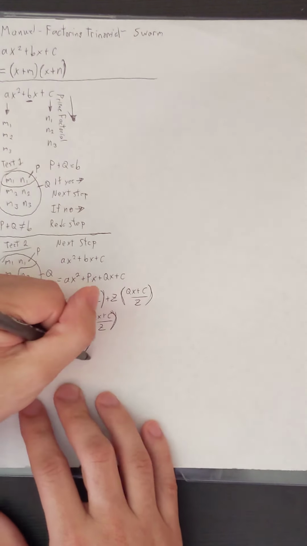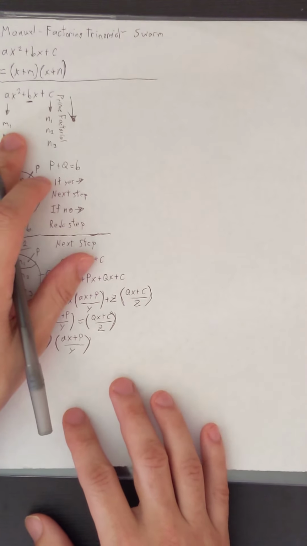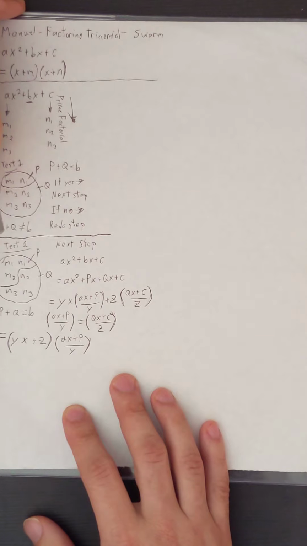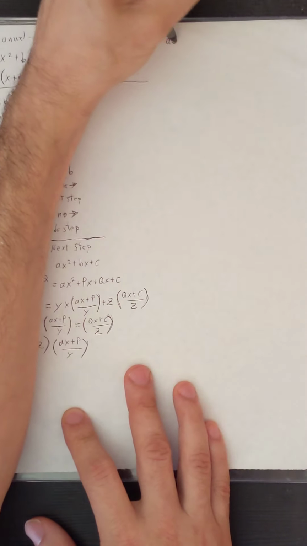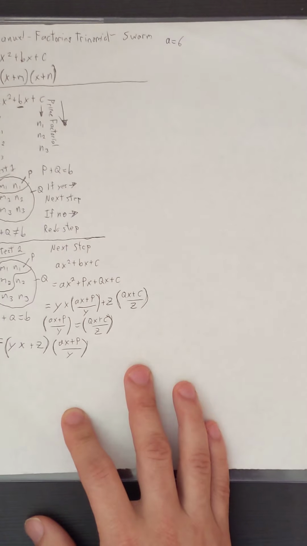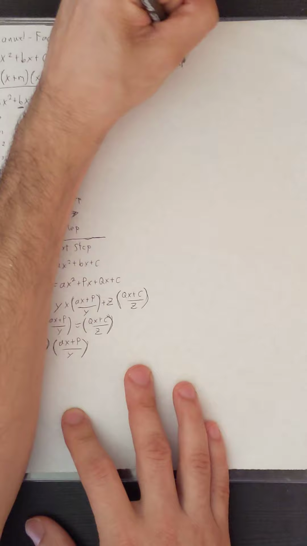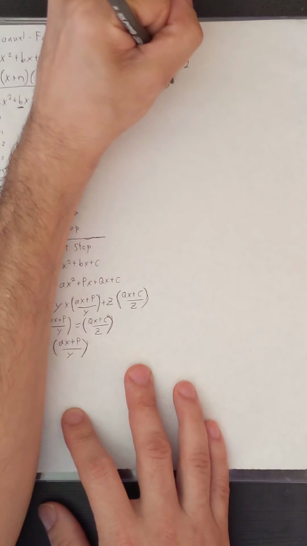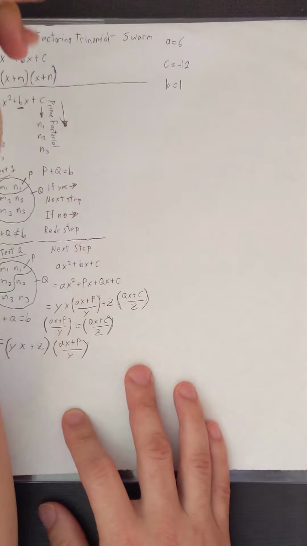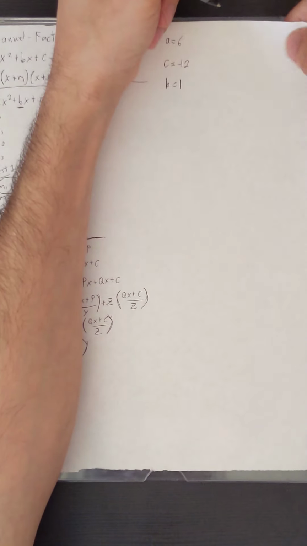So let's start doing a more real example where we know some of the answers for these variables. Let's say that a equals 6, c equals -12, and b equals 1. What is that going to look like? Well, let's go back to our previous equation.